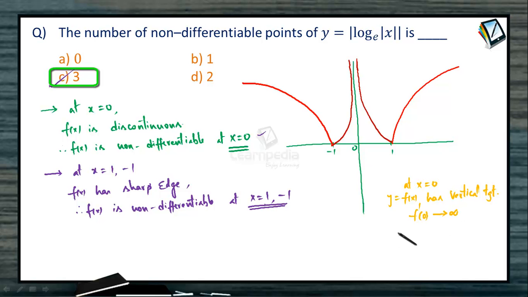Not only this, at 1 and at -1 if you observe, f dash at 1 plus will not be equal to f dash at 1 minus, and similarly f dash at -1 plus will not be equal to f dash at -1 minus. The left hand derivative and right hand derivative at -1 and the left hand derivative and right hand derivative at +1 both will exist, but they will not be equal.